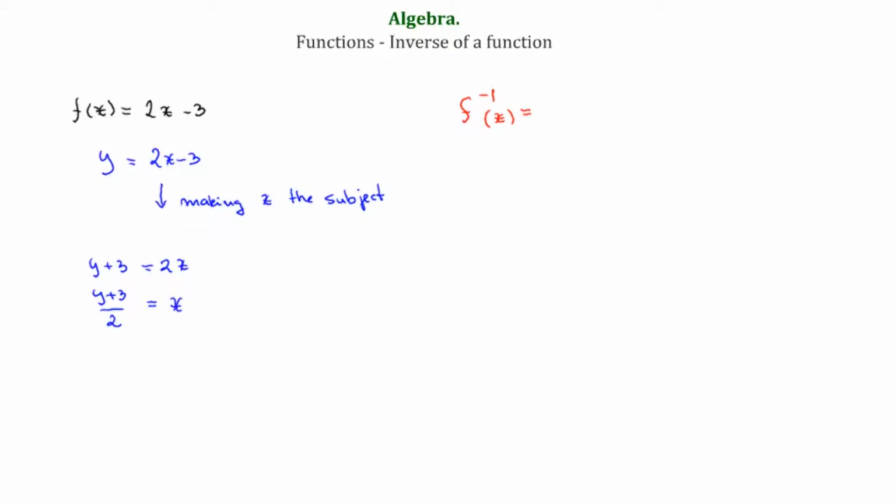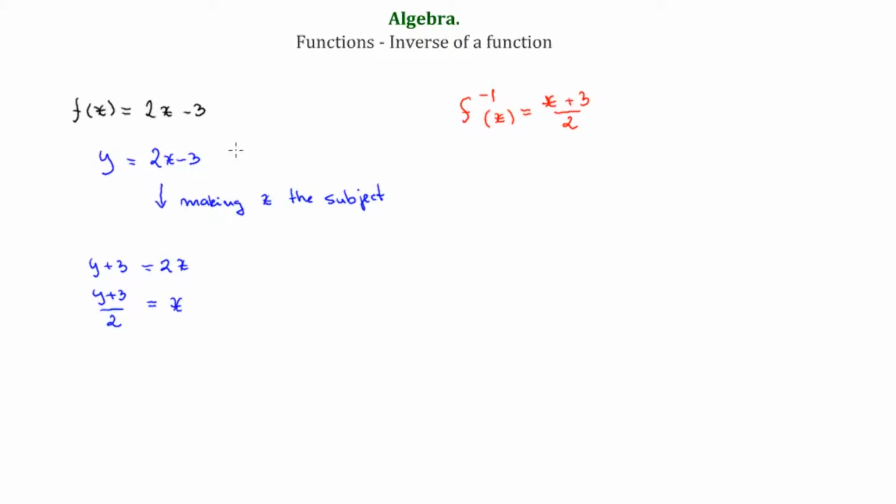So then if we go back to f to the power of minus 1 of x, the inverse, the variable is x, so we will no longer be using y. We will say that it is equal to x plus 3 over 2. This is how we find the inverse of the function f.